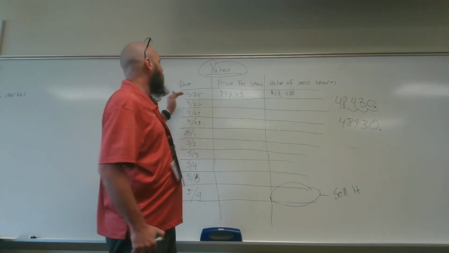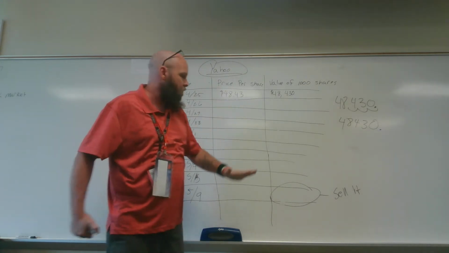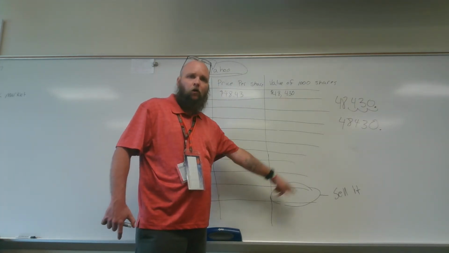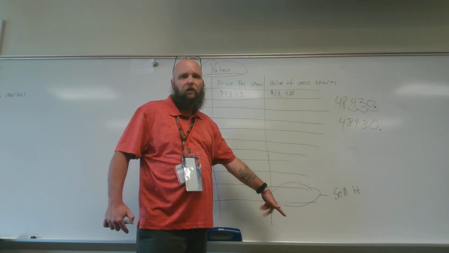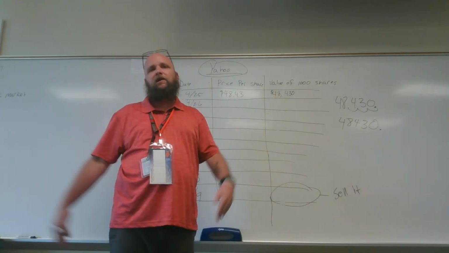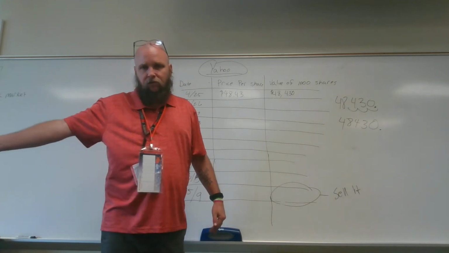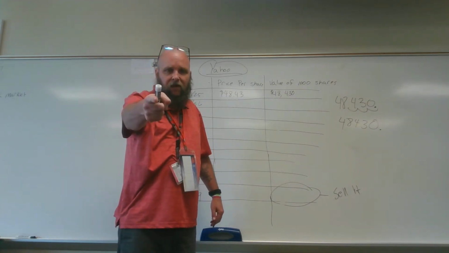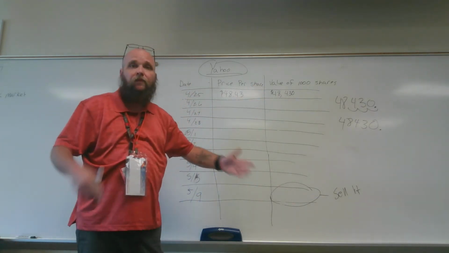So if instead of buying Yahoo, I bought Coca-Cola, would I have made more money with Coca-Cola than I did with Yahoo? And to do that, you can just get with somebody else in here that bought something different. That's the bottom line. So, any questions?